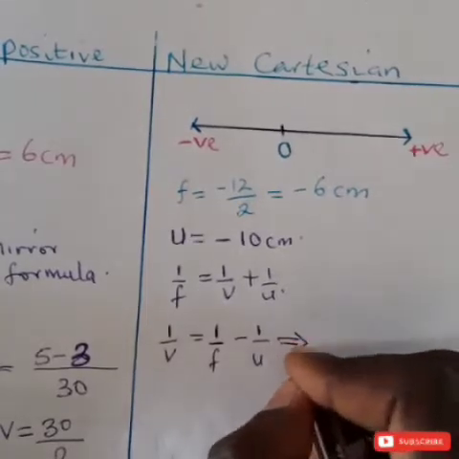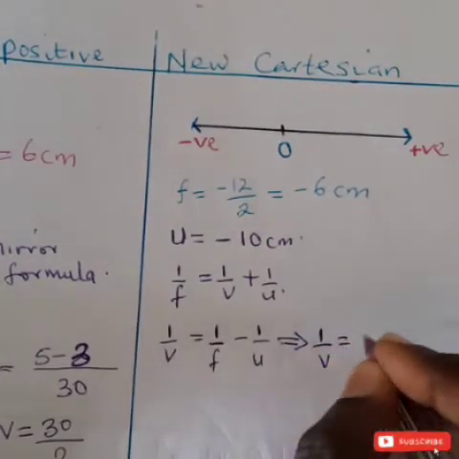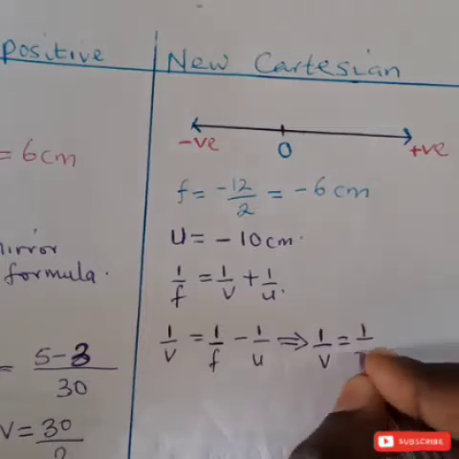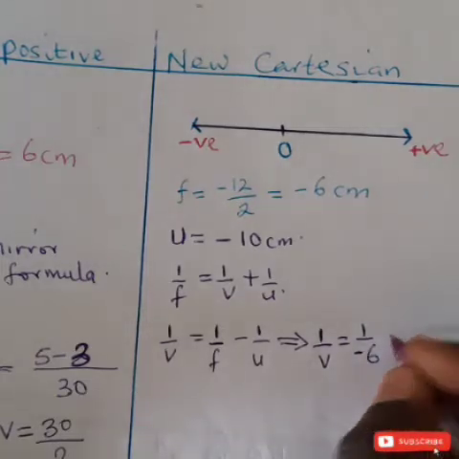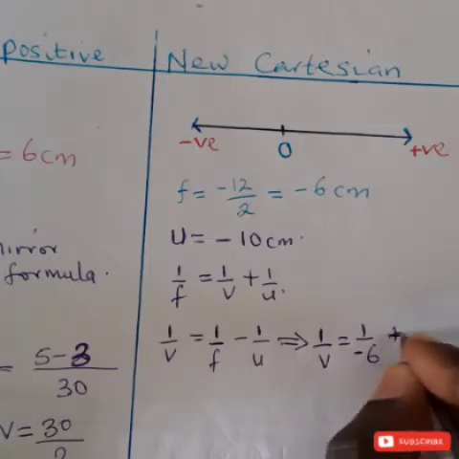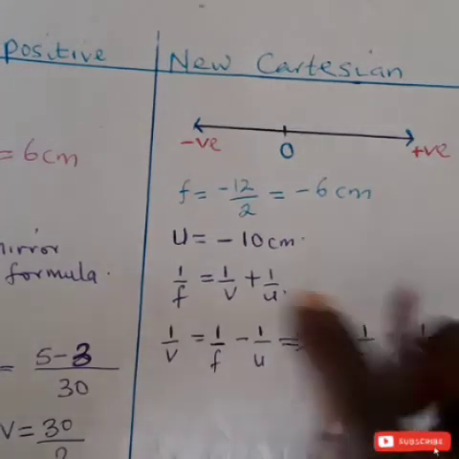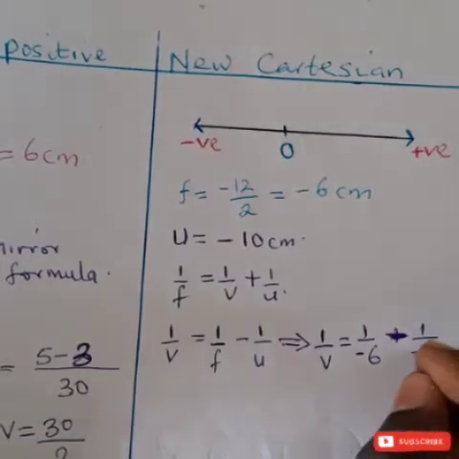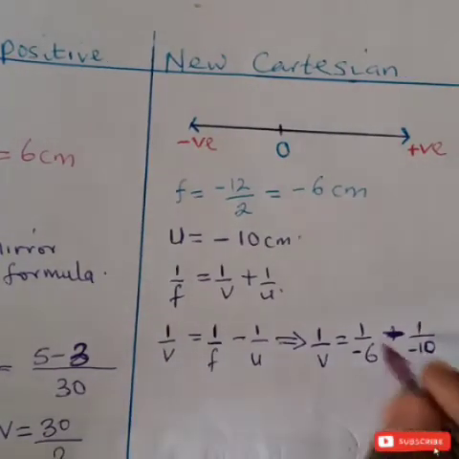So I'll write this as 1 over v equals 1 over minus 6, plus, minus the negative sign here, minus 1 over minus 10. So minus 1 over minus.